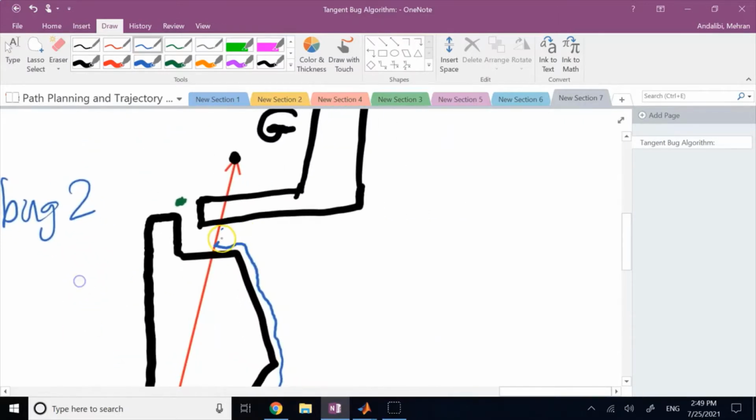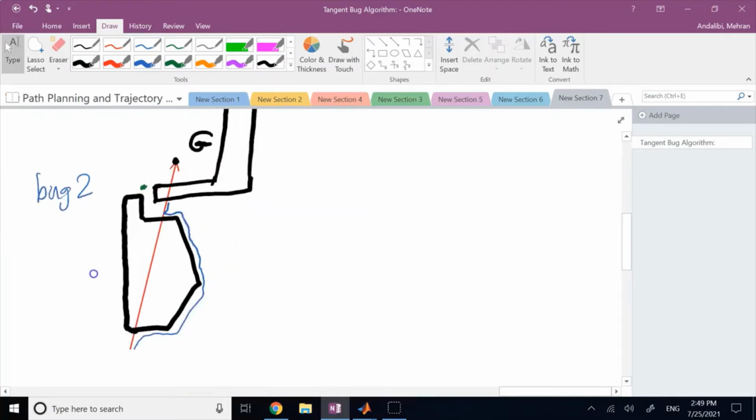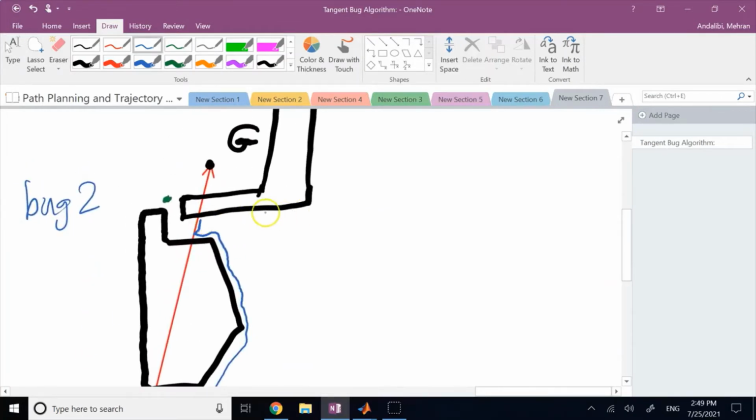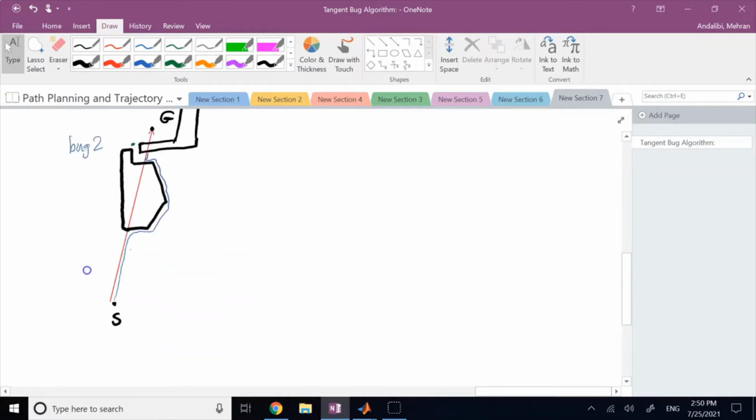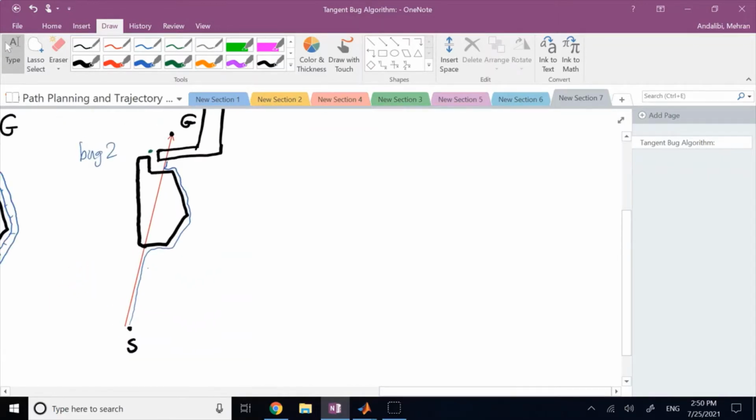Now, when you meet this line, you go along the line like this, and then you have to decide which direction you want to go. If you have an intelligent way to tell you to go left, that's awesome. But if you don't, one of the things they typically do is keep the direction they circumnavigated the first obstacle. Here, the direction of circumnavigation is counterclockwise. So what they might do is go counterclockwise again, because they have no way to decide.